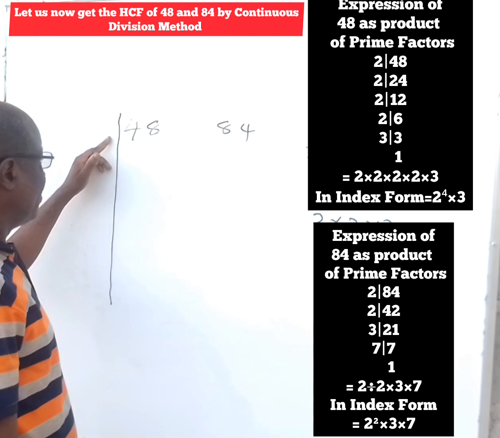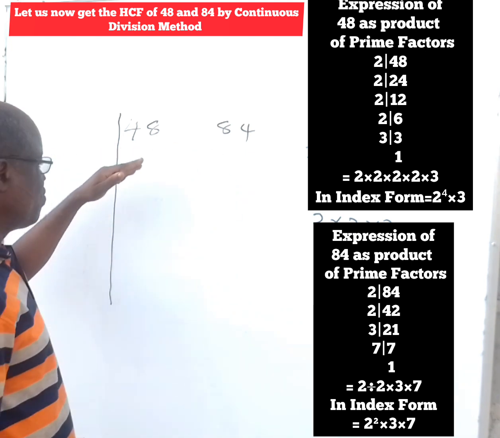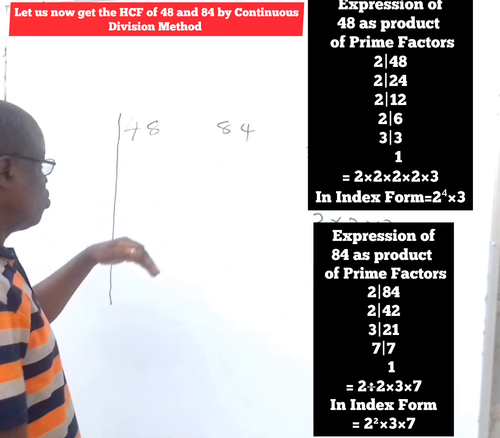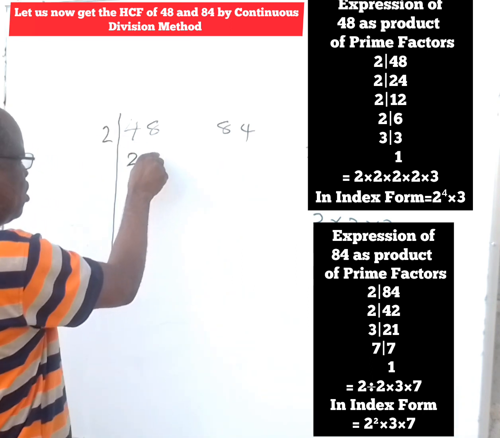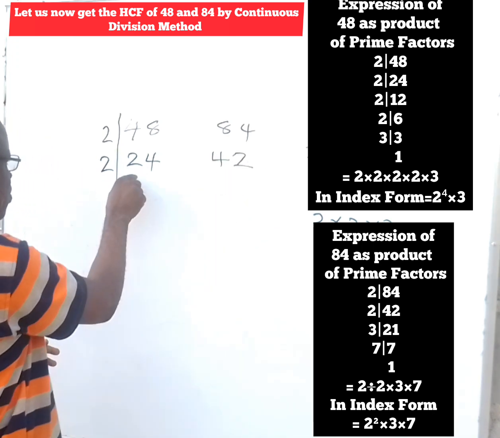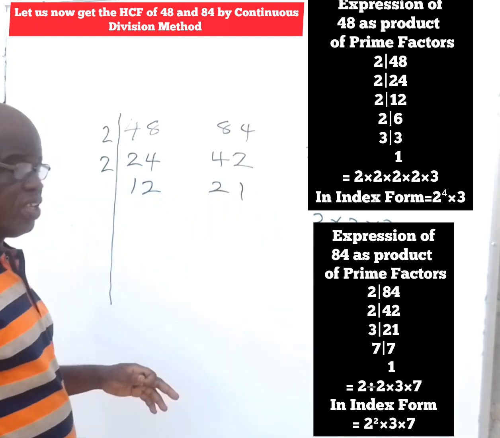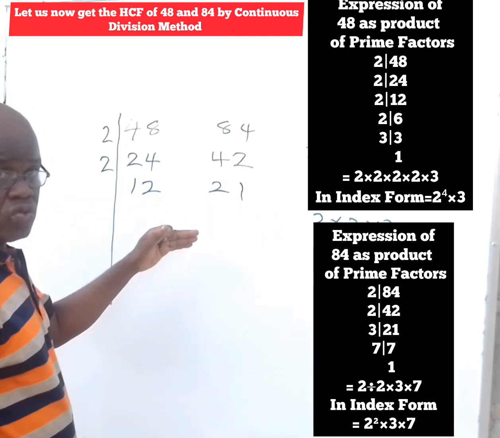The least prime number that can go in the 2 is 2. Then 2 can still go. Since we are looking for HCF, we go for the number that can go into both without remainder.